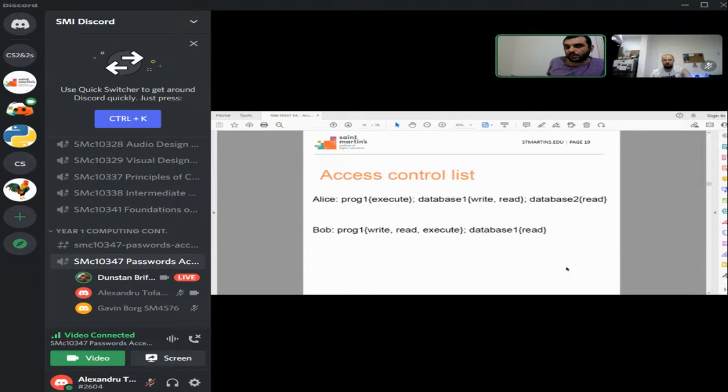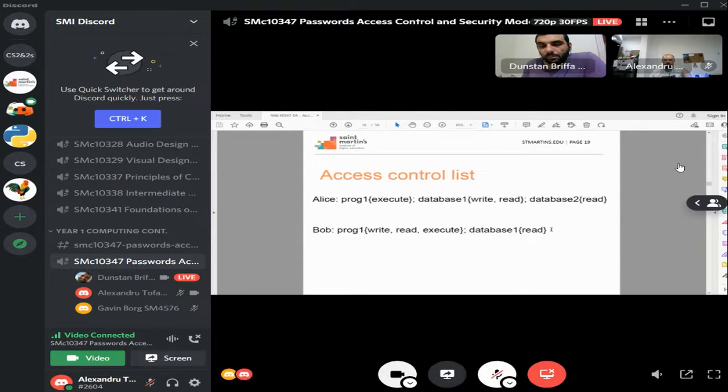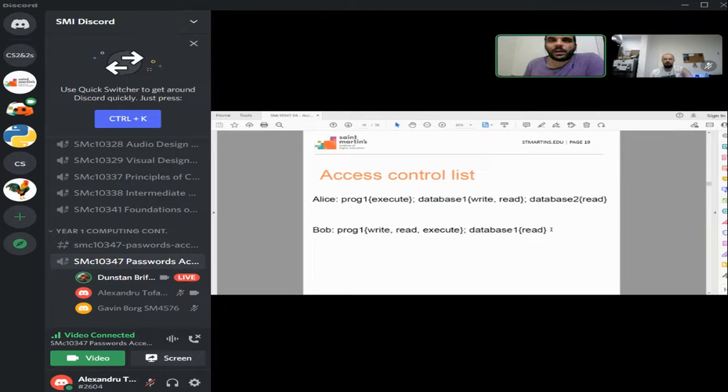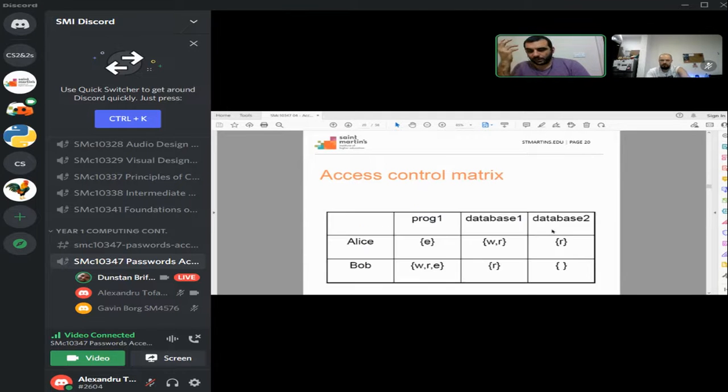Because when you leave something out, like I have over here, you may have this doubt on whether this is left out because there is no permission or because it may not have been entered, or may have been omitted, or may have been deleted, right? So the presence of an empty bracket like this emphasizes that it has been considered, yes, but there are no permissions associated with it, right?